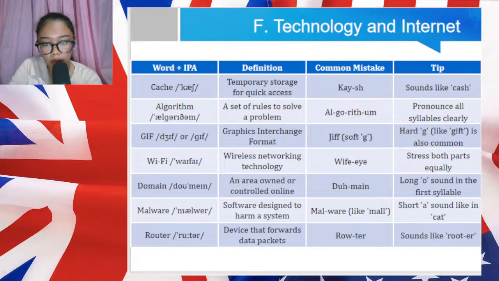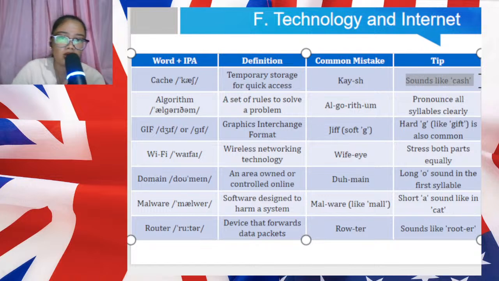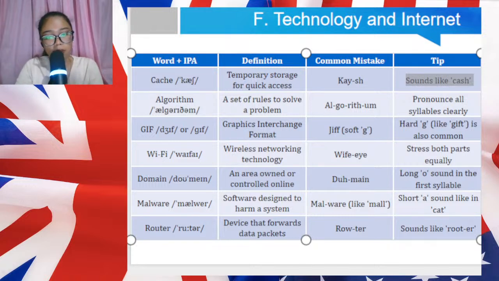The tip is that the sound is like cash. This is a very easy word, everyone. You should not mispronounce it as cage or cachet, pronouncing it how it is spelled. It shouldn't be like that. It should be cash. Very easy.